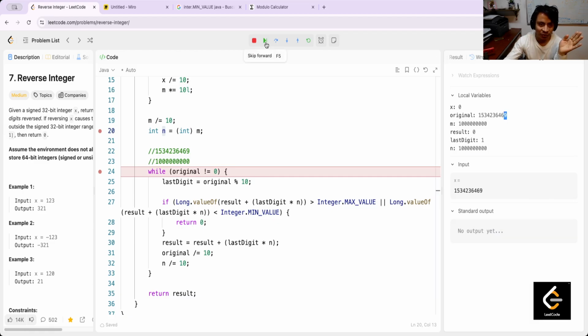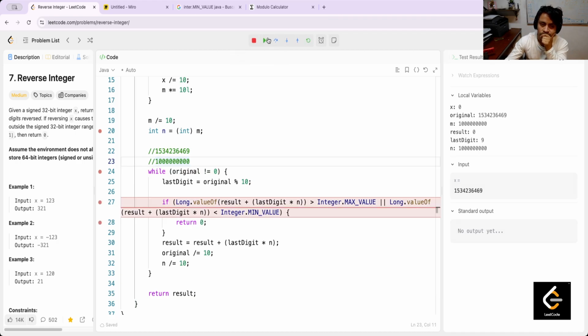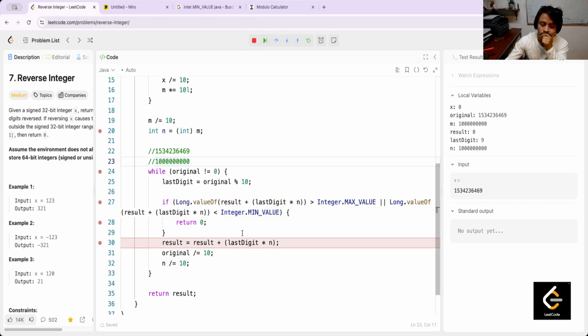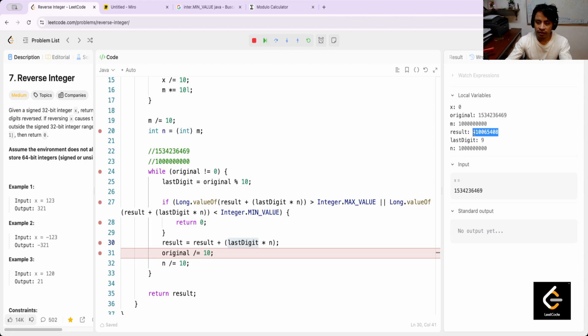At this moment is it out or not? Ah, no, no. Result is, yeah, it's for this because it's out of range.